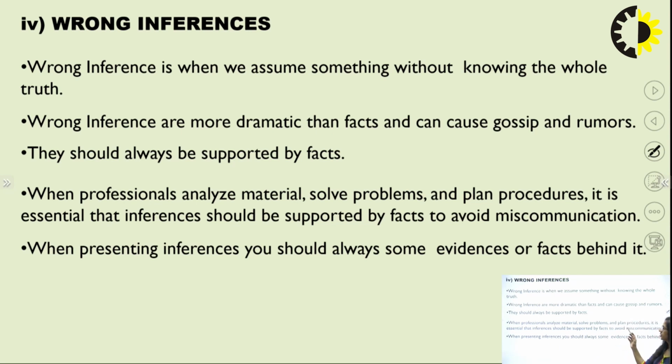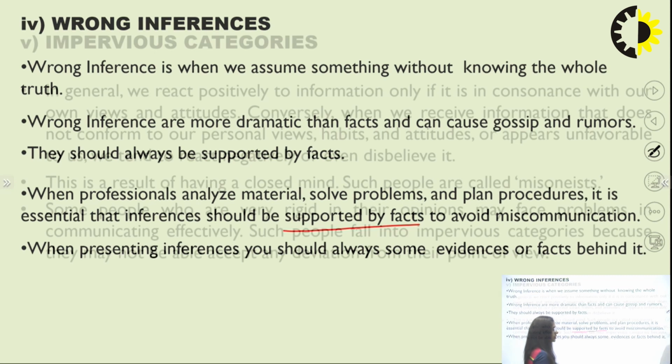They should always be supported by facts. When professionals analyze material, solve problems, and plan procedures, it is essential that inferences should be supported by facts to avoid miscommunication. When presenting inferences, you should always have some evidence.